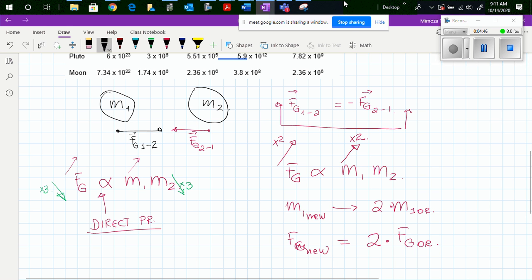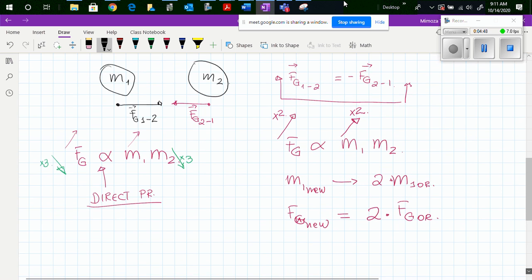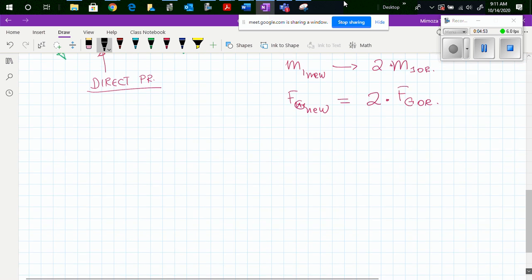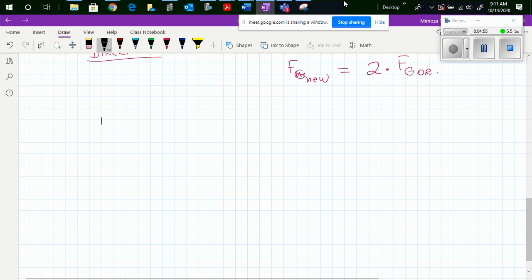On the other hand, what was noticed was that the force of gravity is directly proportional to the inverse square of the distance. So see what we have here: it's 1 over d squared, where d is the distance between the two centers of the objects.